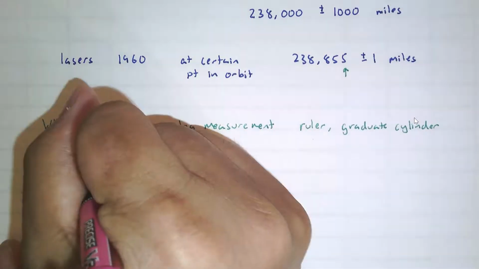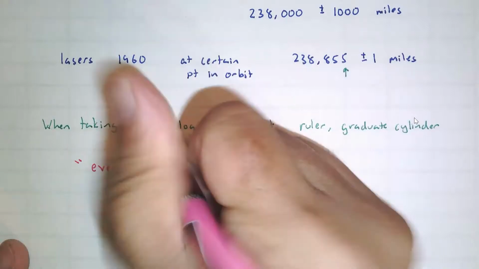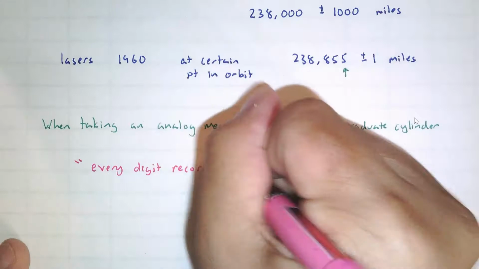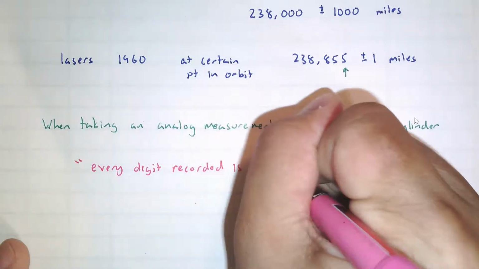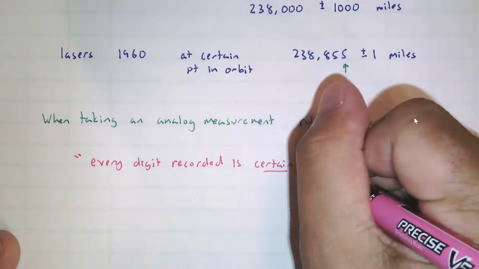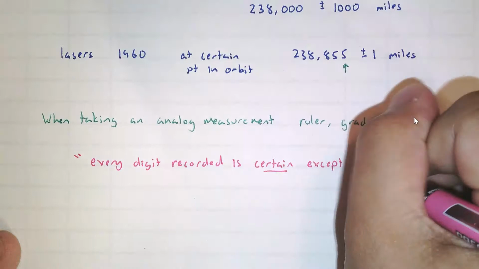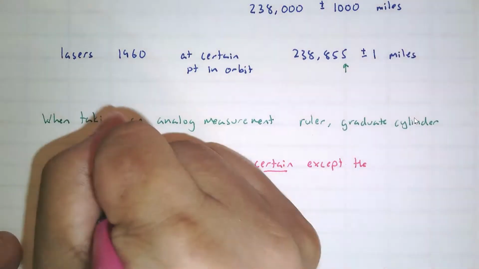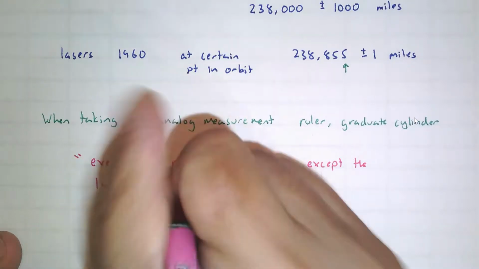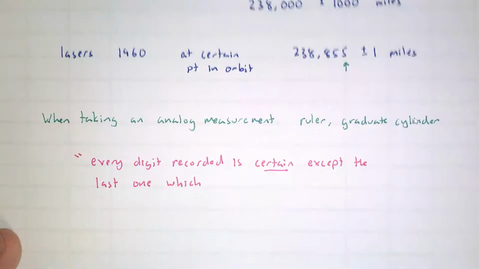Every digit that you record is certain. Okay, you're sure of it, except the last one, going from left to right. And I'll show you an example. The last one, you could think of it as a guess or an estimate.